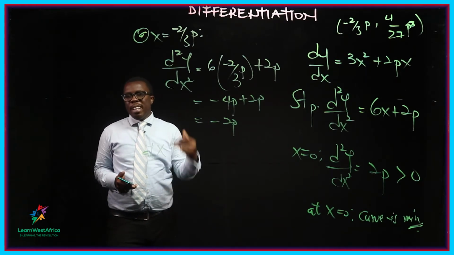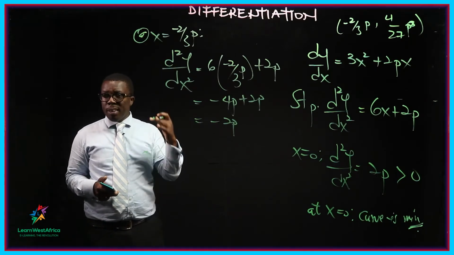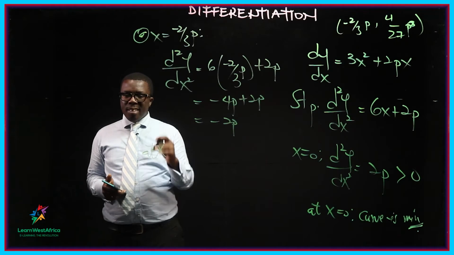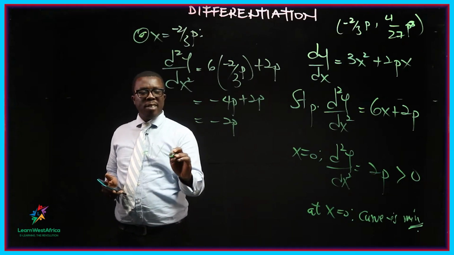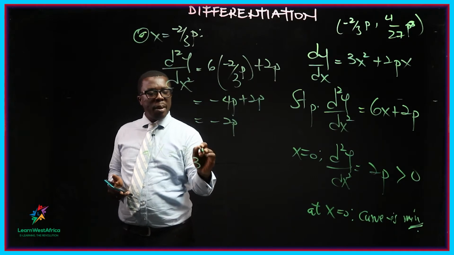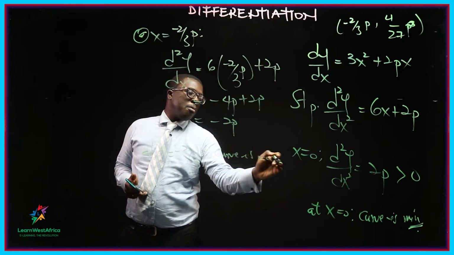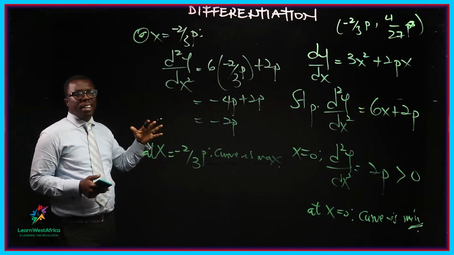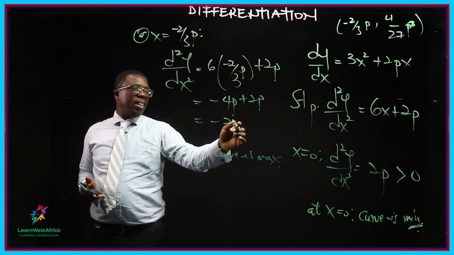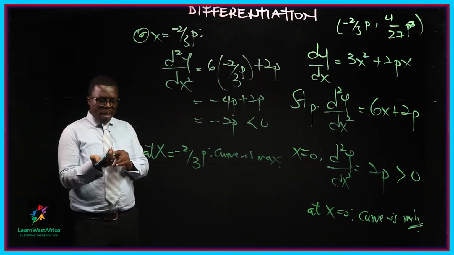So the nature of the stationary point x equal to minus 2 over 3p is that it is a maximum point. Take a second and look at it. You understand that? Because this is less than 0, so your curve is maximum.